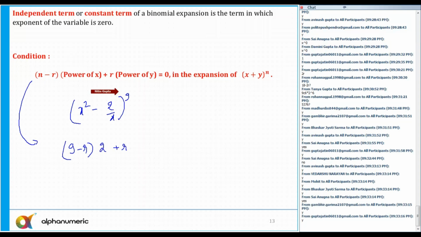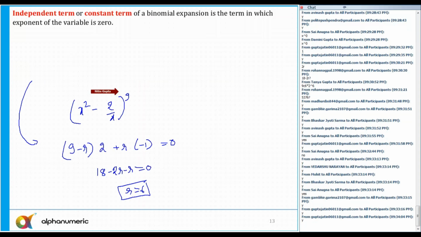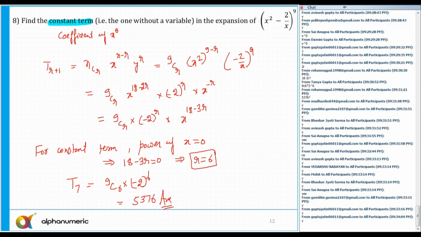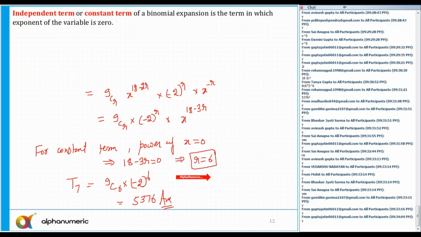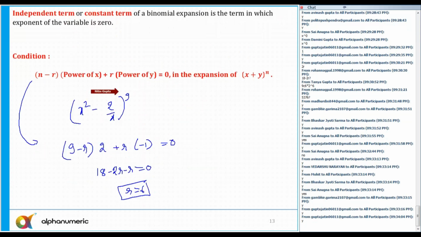That is equal to minus 1, isn't it? So x raised to power minus 1, and that is equal to 0. From here we can see this is 18 minus 2r minus r equal to 0. So r is nothing but 6. And this is what we have got when doing it this way. So you can save a lot of time and effort in writing all these values. Is that clear? Can I move to the next question now?